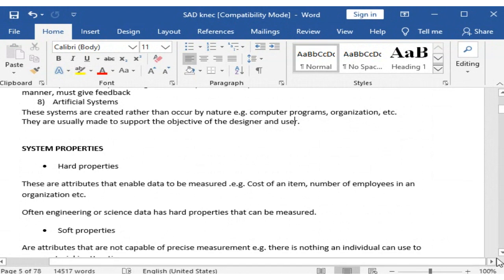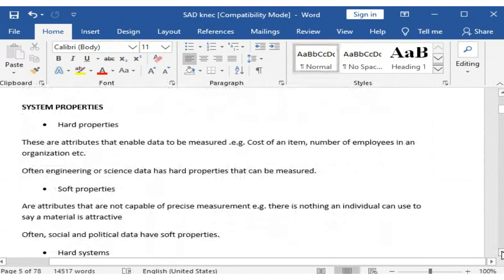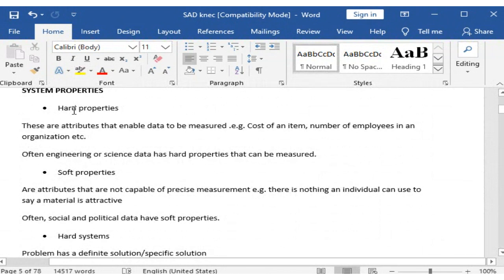Now, system properties. We have hard properties. These are attributes that enable data to be measured, e.g. the cost of an item, the number of employees in an organization. Often, engineering science data has hard properties that can be measured.